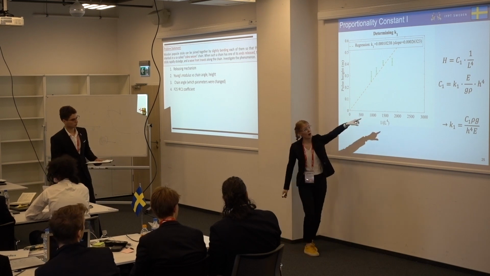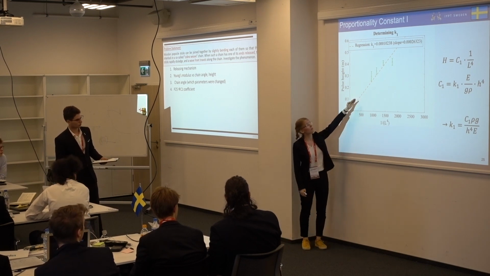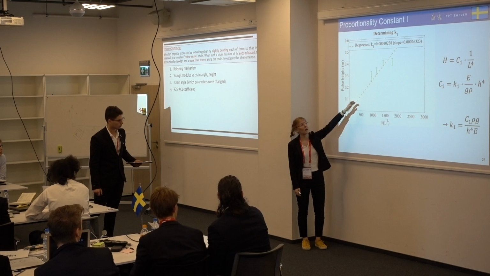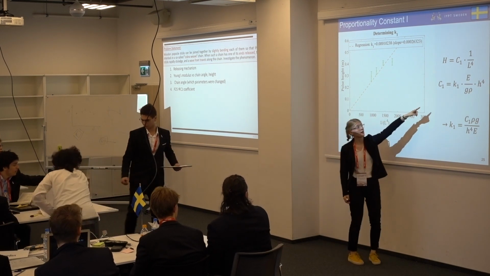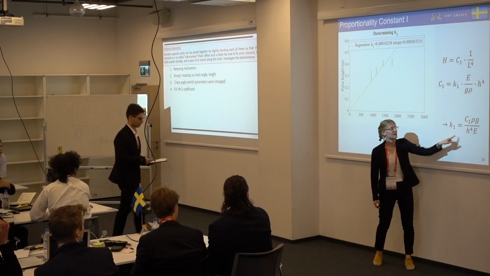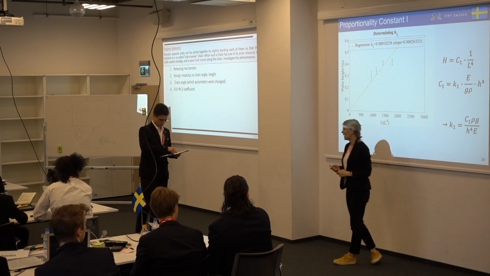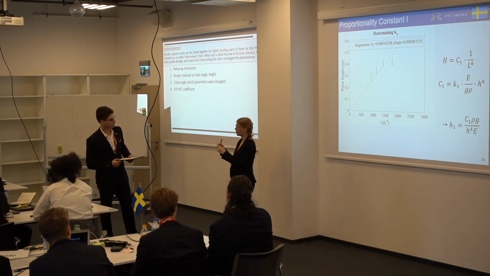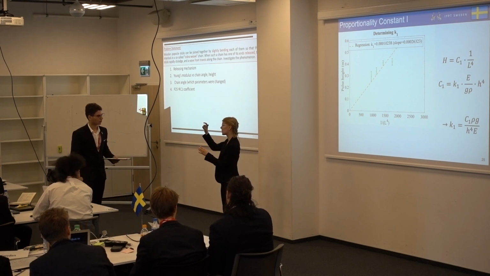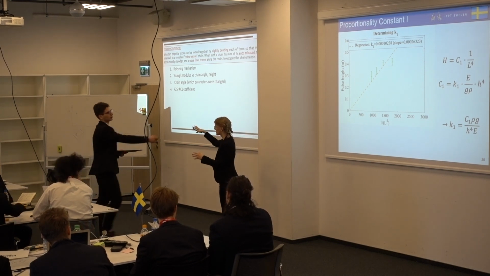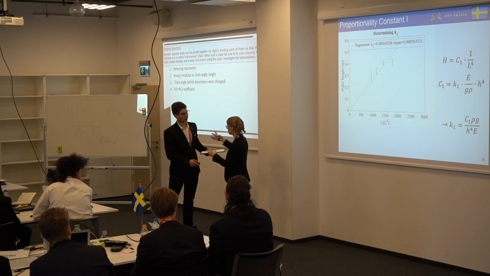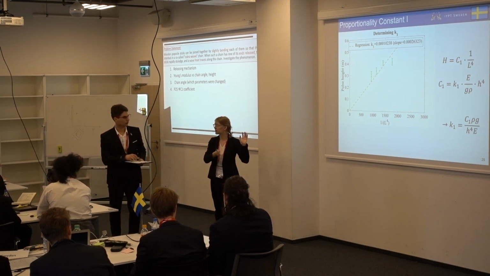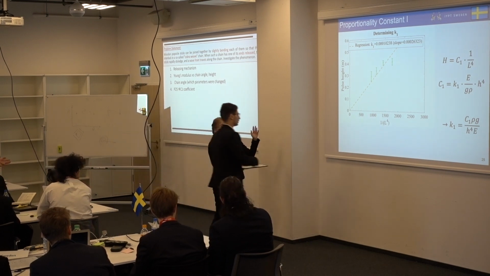C1 is the slope of this line, and K1 is defined by this expression in terms of C1. The reason for doing this is that you try to turn a proportionality into something equal to something else, and since we don't know the effective mass, you try to determine the coefficient.